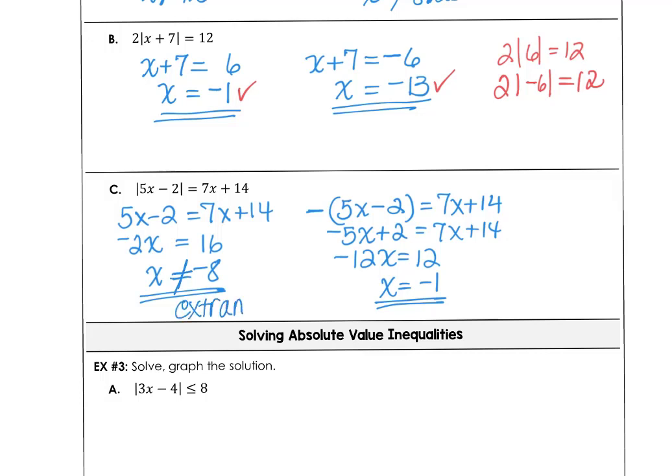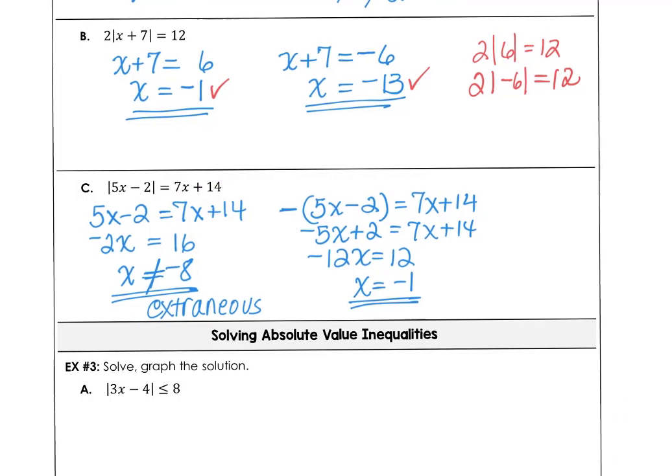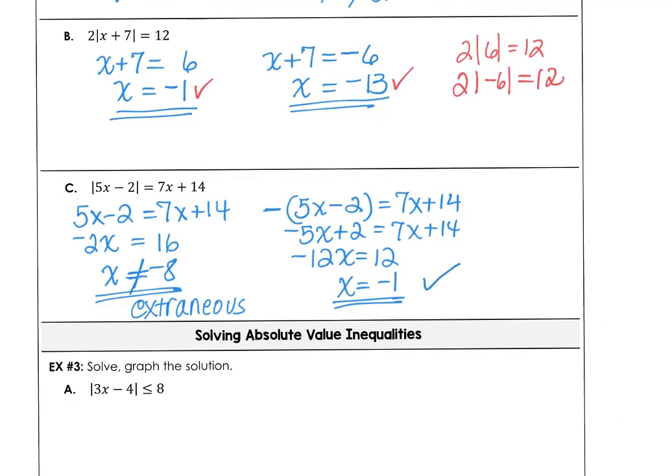But if we put negative 1 here, 14 minus 7 will give us a positive number, and negative 5 minus 2, the absolute value of negative 7 is positive 7. That equals positive 7, so we have one solution, just negative 1.